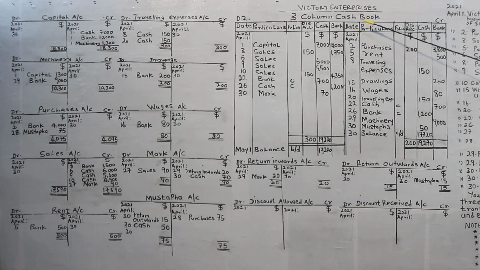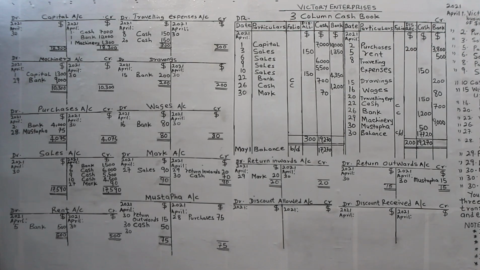So let us look at the bank column of the cash book. Now, to balance the bank column, we add up the total amount received inside the bank, and that includes 10,000 plus 1,350 plus 4,350 plus $1,200, and that gives us $16,900.